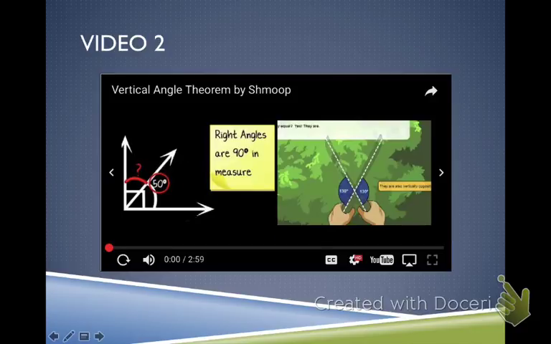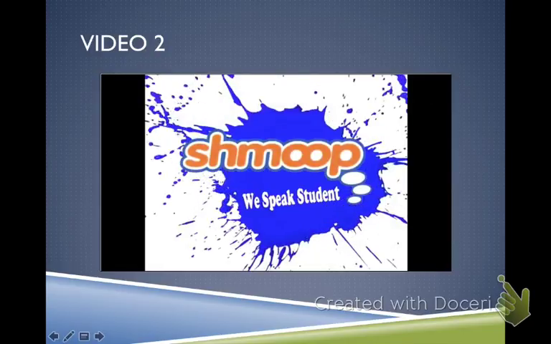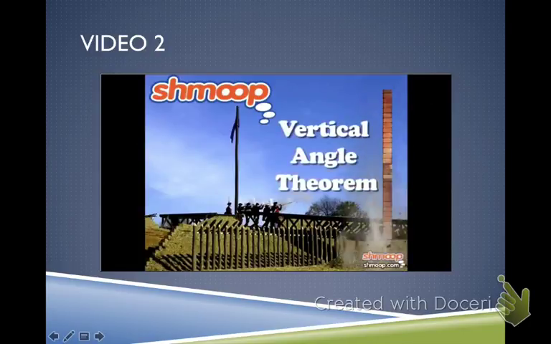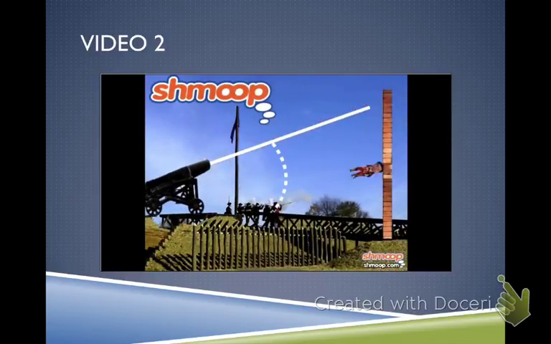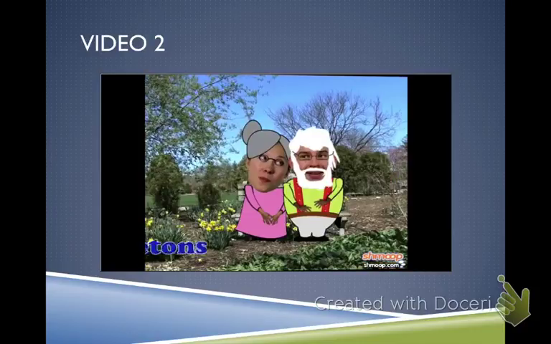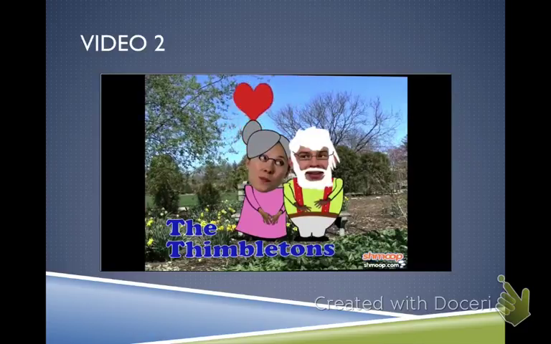Okay, and we're going to go ahead and get started now. We speak student. Vertical angle theorem. Mr. and Mrs. Thimbleton have just celebrated their 63rd wedding anniversary. They're in the prime of their lives and just as in love as they were all those years ago.